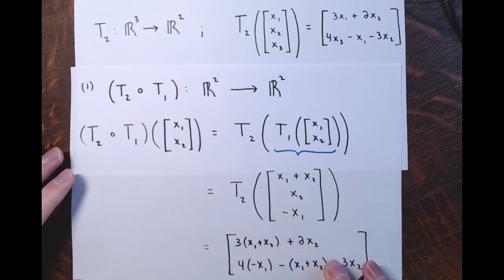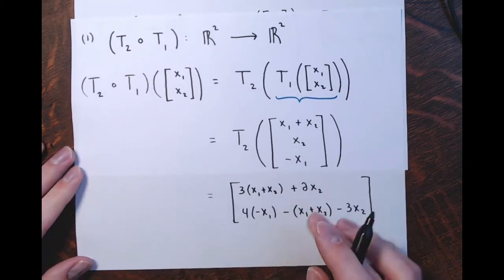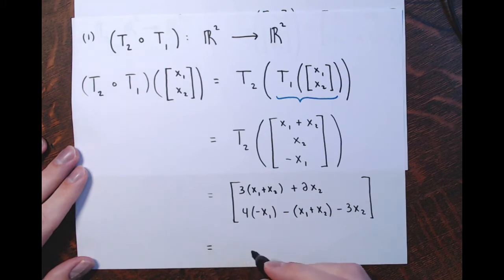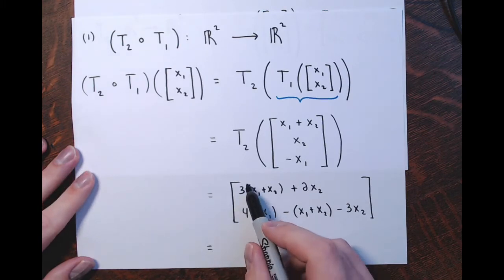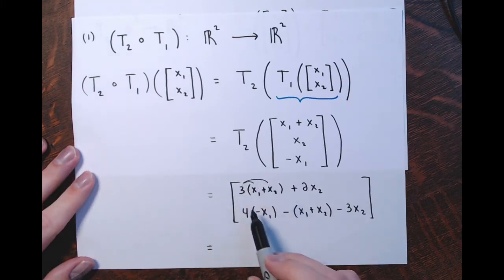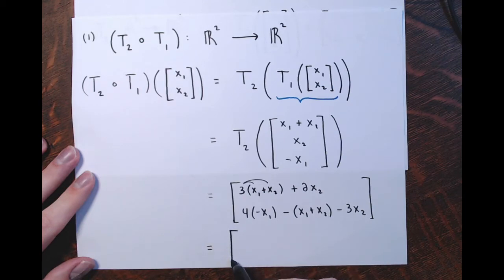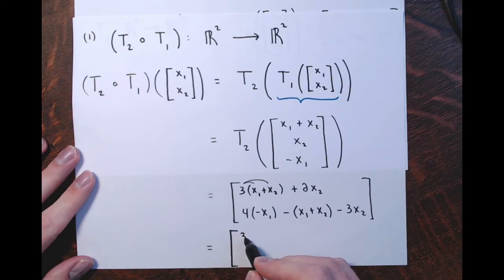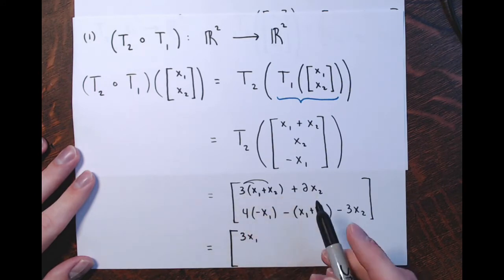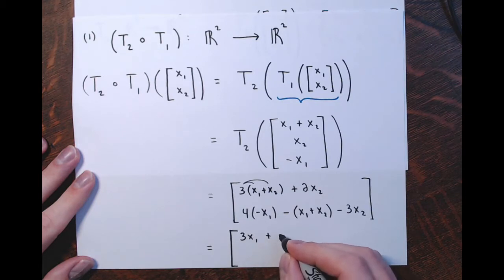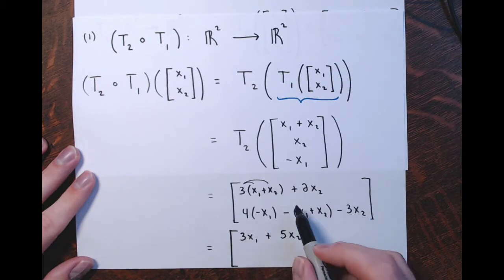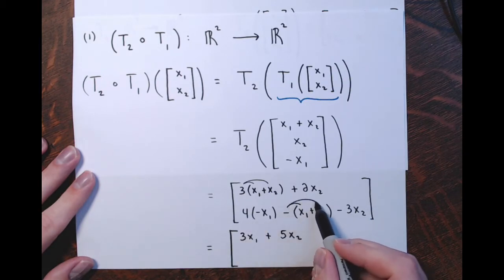Now I'm going to simplify this. You'd distribute the 3 here. So our first component of the output in this composite function is going to have 3x1, and then plus 3x2 plus 2x2 be plus 5x2. And then the second one here, I'll be distributing this negative.